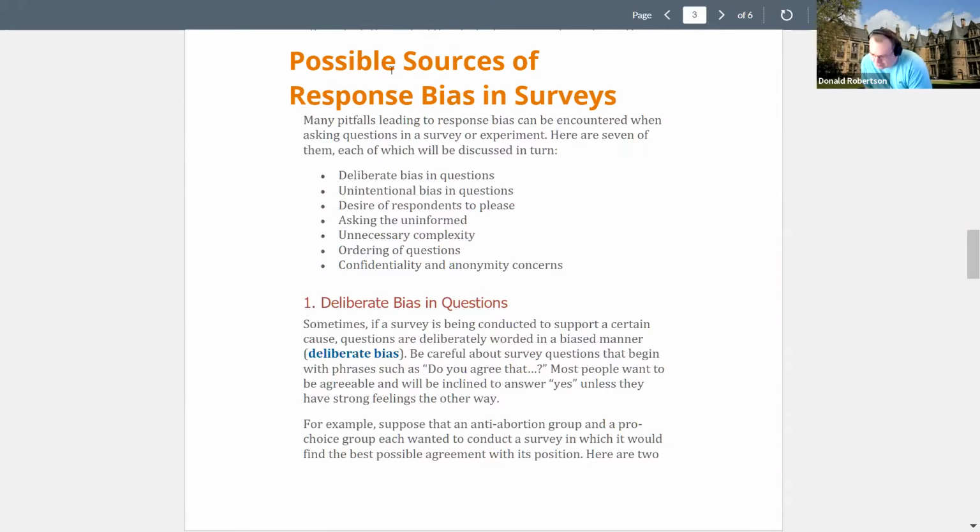Can you see that both those are asking about abortion, but isn't one more pro and one more anti? You see, that's bias in the question, right? You can do everything else perfectly correct, but if you screw up the question, aren't you going to corrupt the data? Now, why do they do it that way?